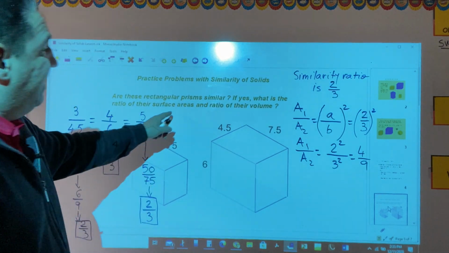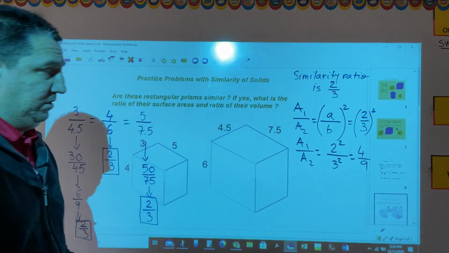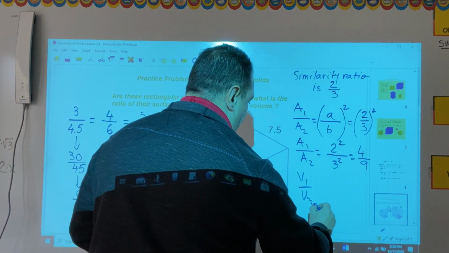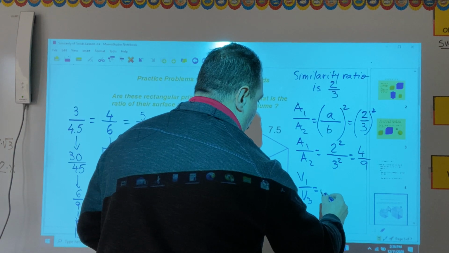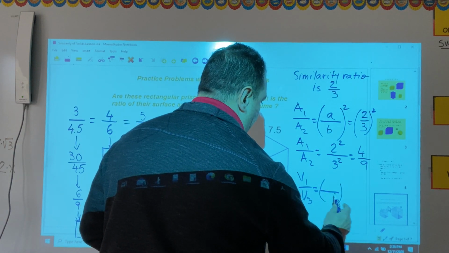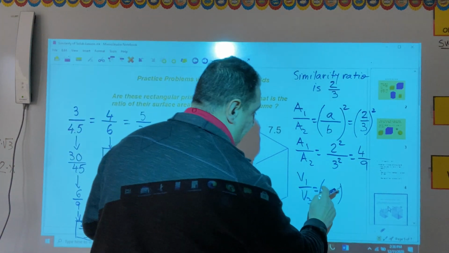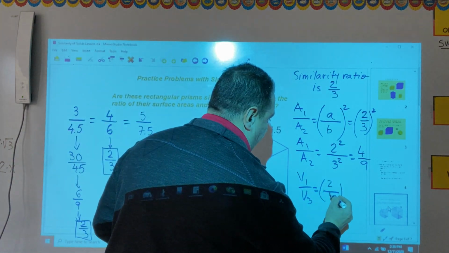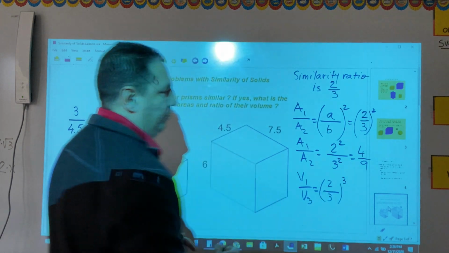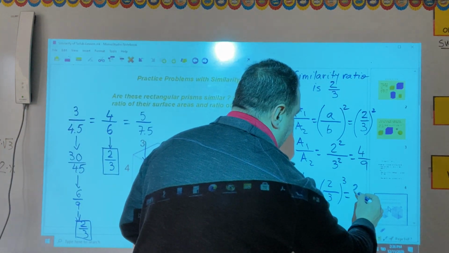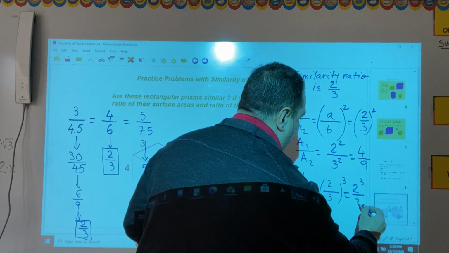Now let's find the ratio of their volumes. The ratio of their volumes would be the cube of the similarity ratio, right? So it would be 2/3 cubed, which is the same as 2 cubed over 3 cubed.